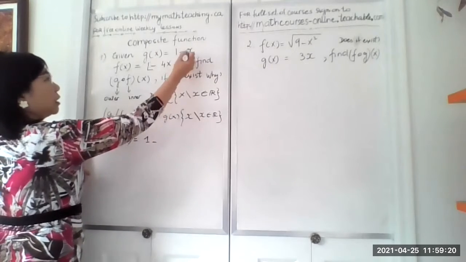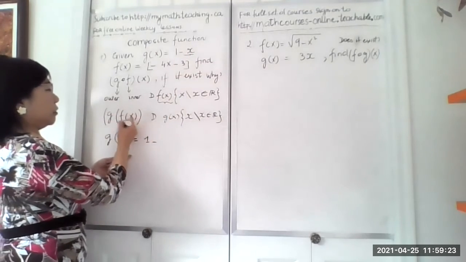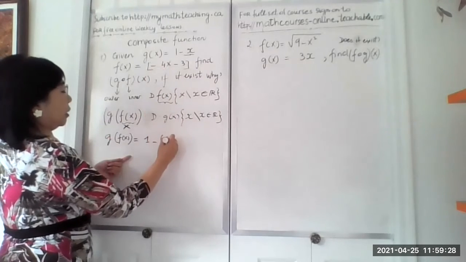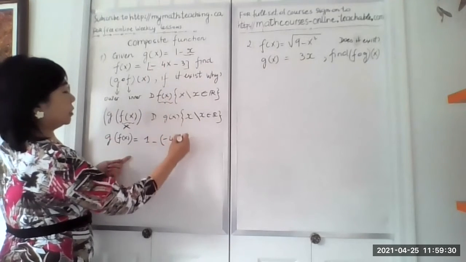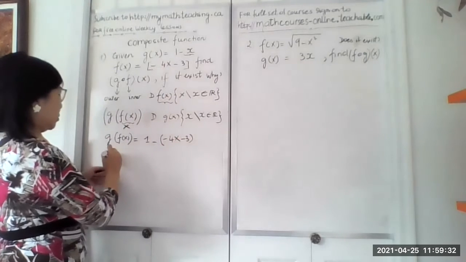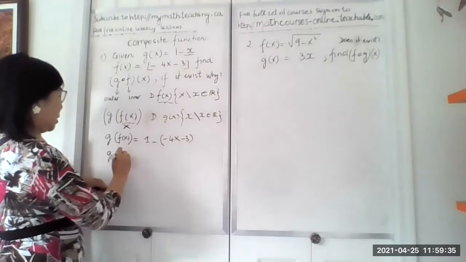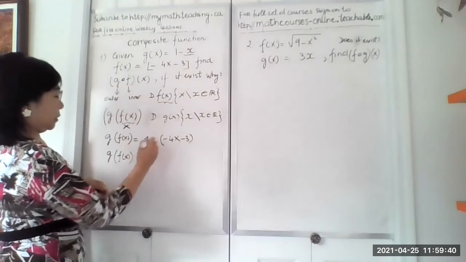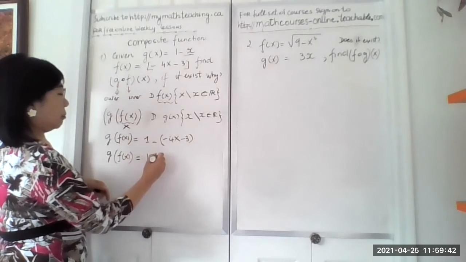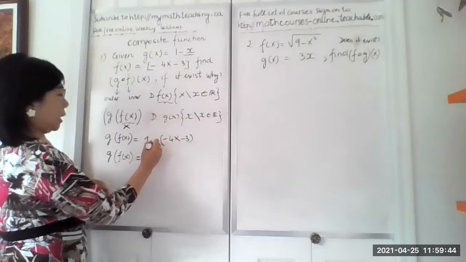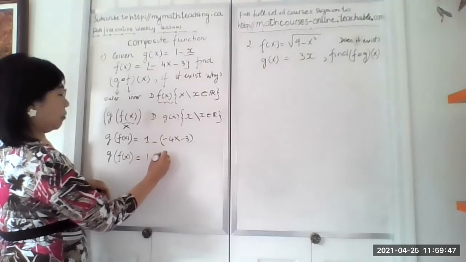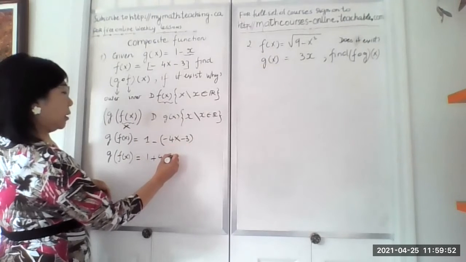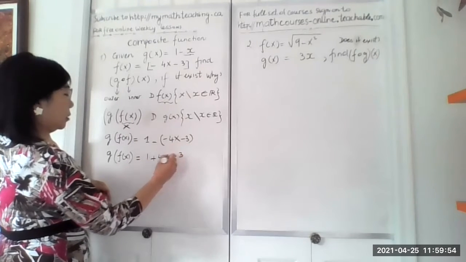The function f of x is minus 4x minus 3, and make sure you put it in brackets. So g of f of x will become 1 minus, minus with minus becomes plus 4x, and minus multiplied with minus becomes plus 3.